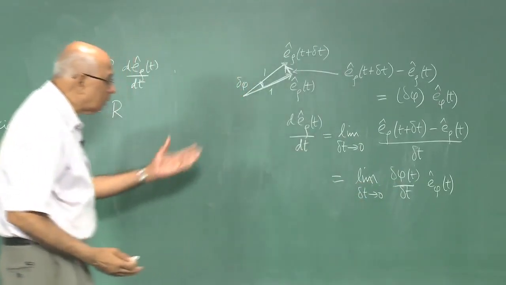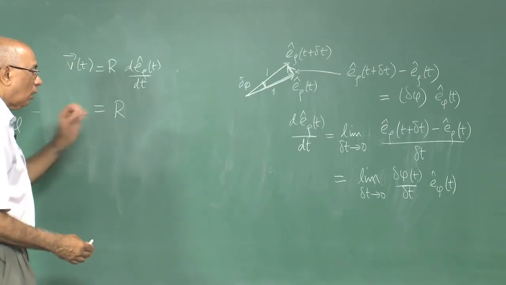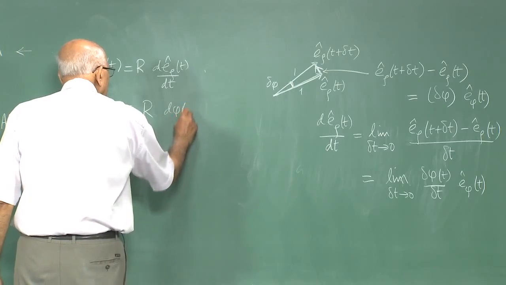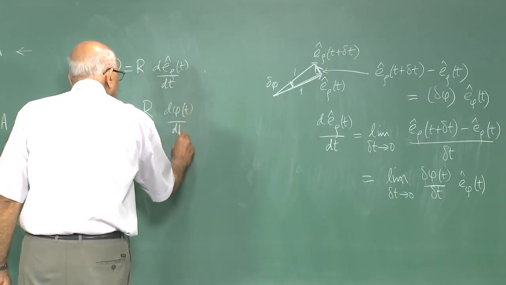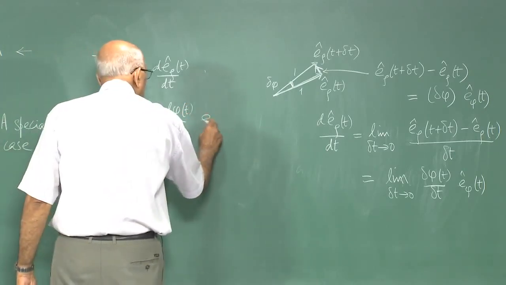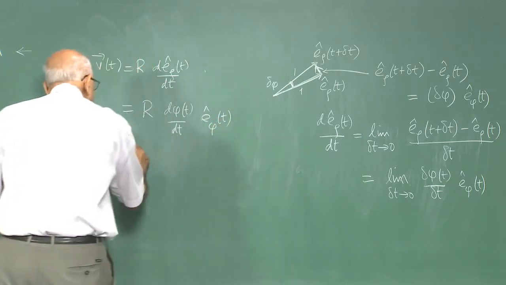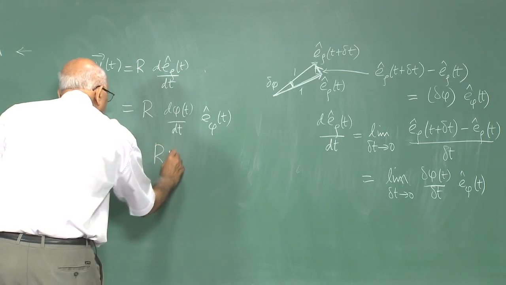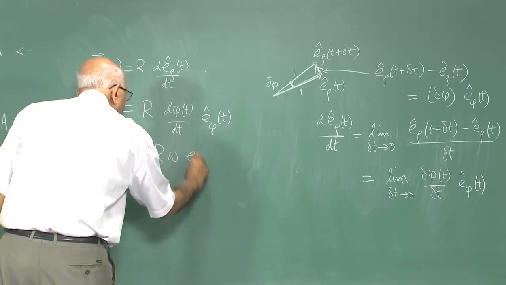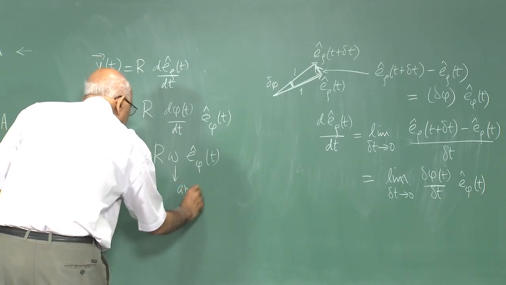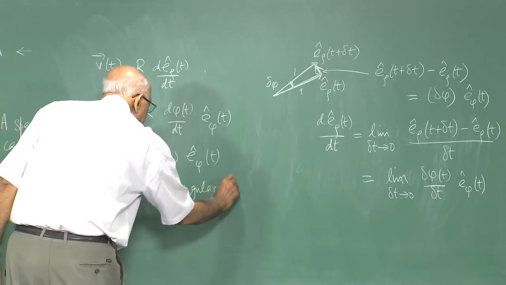It is the rate of change of the azimuthal angle, phi dot of t or d phi over dt. So d phi of t over dt times E phi of t, which is the same as saying this is equal to r times omega times E phi of t, where omega stands for the angular speed.